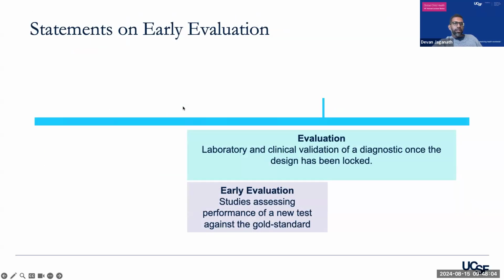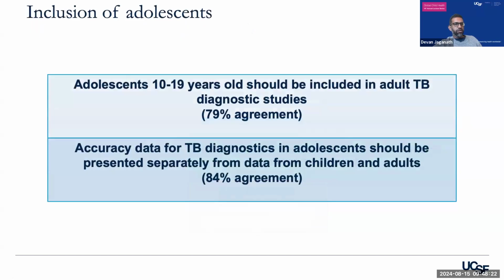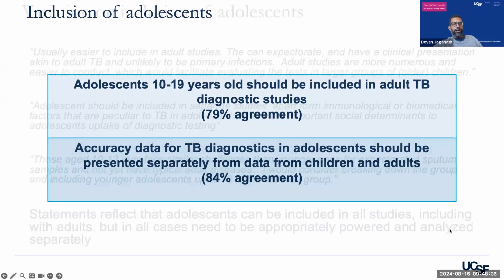Moving to early evaluation. So we've got a test and now it has been design locked. So they've kind of made it to what it's going to be, and we're just trying to get an early sense of its accuracy against a gold standard. So going back to the inclusion of adolescents, we were able to get consensus that adolescents should be included in adult TB studies, and at the same time have a specific analysis for them.